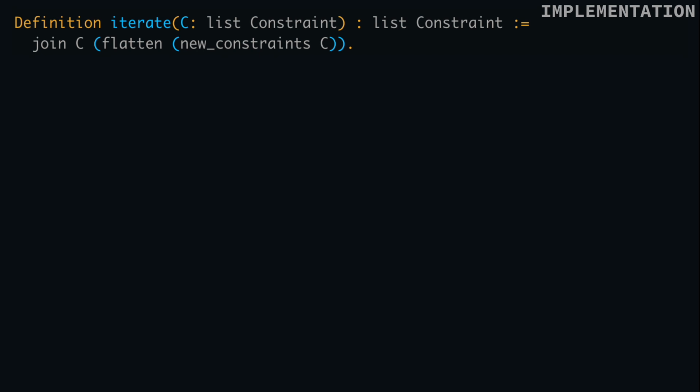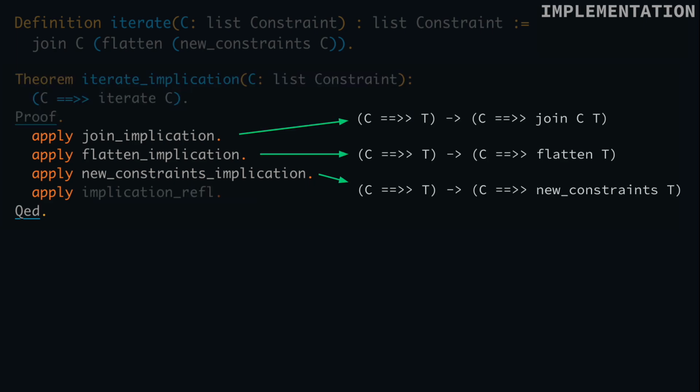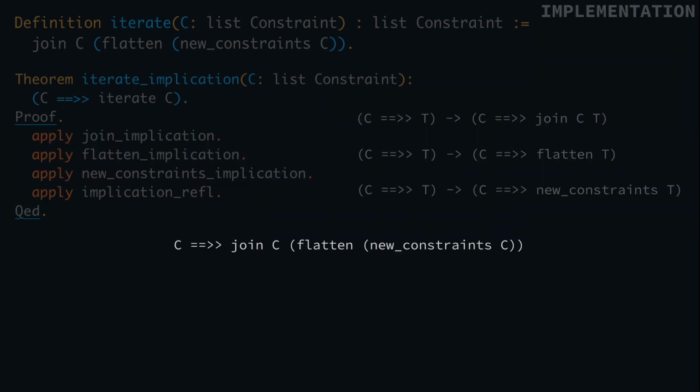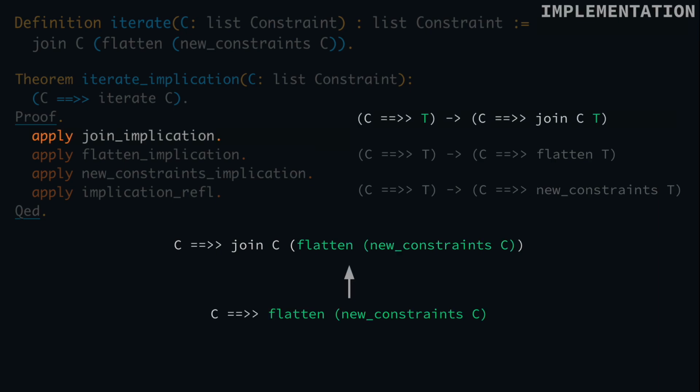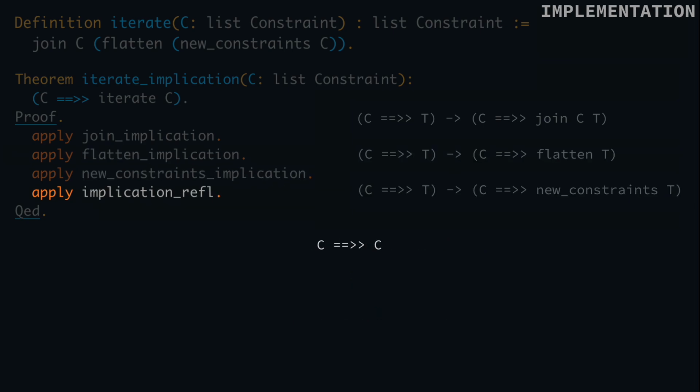This is going to be useful since in the verification we would need to use the following theorem. Iterate implication says that for every constraint in iterate of C, this constraint can be derived from C. To prove this, we will use the following auxiliary theorems, also proven in the project, and unfold the definition of iterate into its composition of different functions, and use successively these auxiliary theorems to deduce that iterate implication will only be true if the C constraints can be derived from C itself.